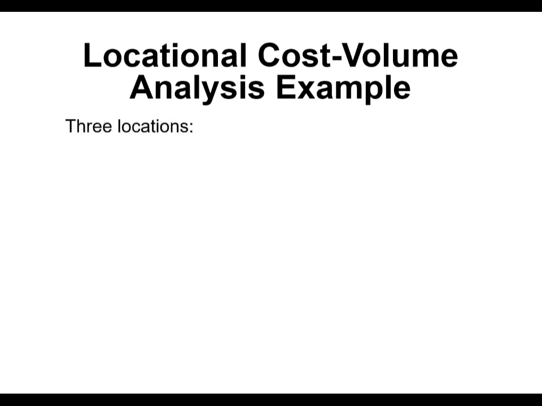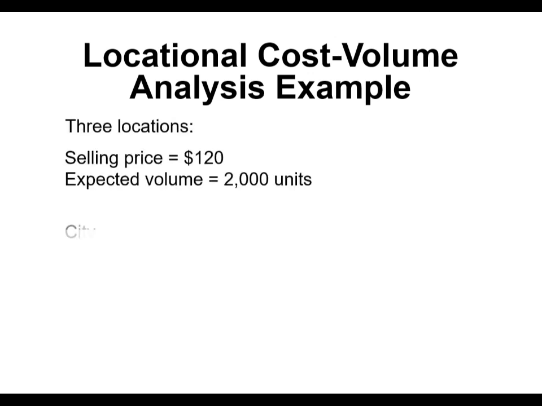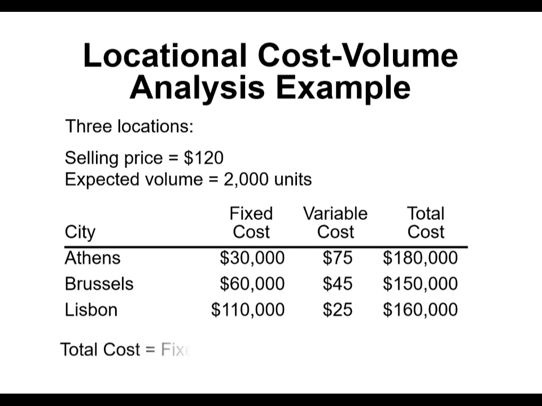So they said that you have to identify what are the fixed costs, what are the variable costs, right? For each of the locations. So we have this Athens, Brussels, and Lisbon. We need to actually compare these three locations in terms of fixed cost and variable cost and the total cost.